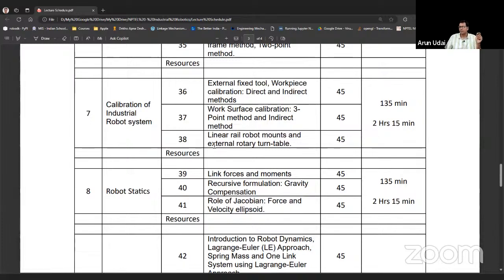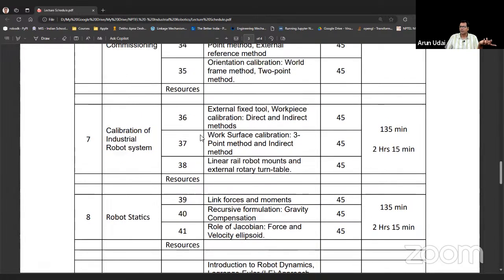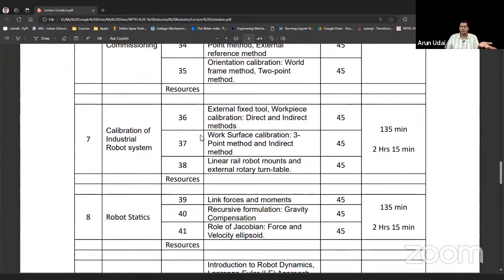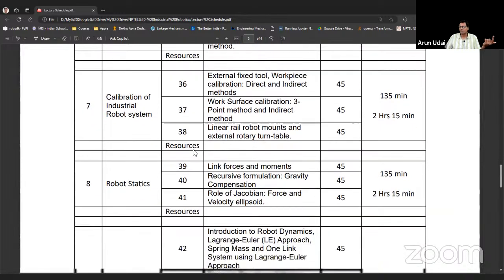Linear rail and turntable are both equally important, and without these calibrations you cannot put the robot to use. That is why week 7 covered calibration of industrial robot systems. It is not in many books, so I included it in this course, so that students get prepared for industry applications, whereas industrial people can get to know the mathematics behind. For both of them it is equally important.